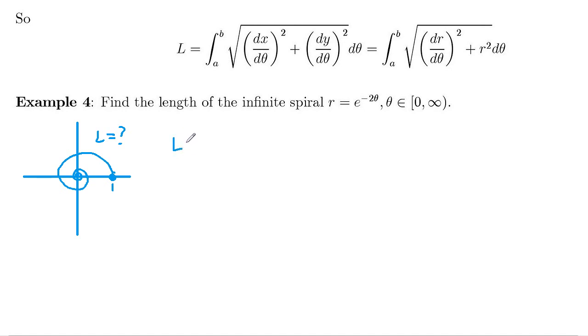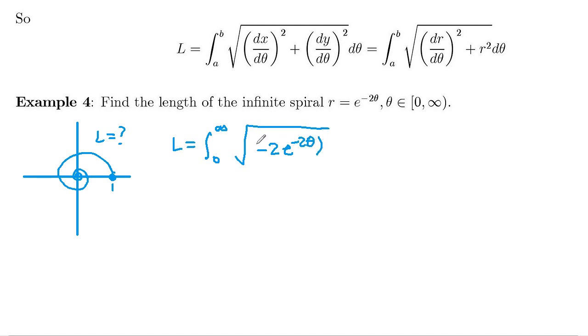So L then is going to be the integral from 0 to infinity, square root, and let's see. Yeah, this one there's not really a lot of simplifying. dr d theta, so here's our r. So e to the negative 2 theta times negative 2. So this will be negative 2 e to the negative 2 theta.